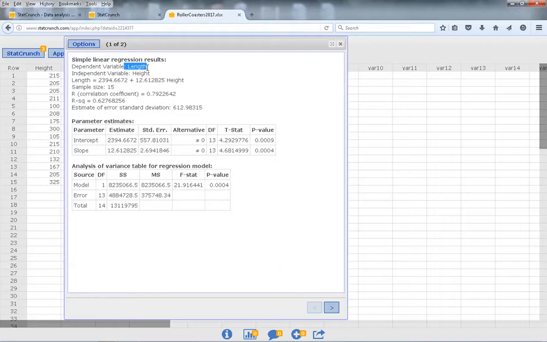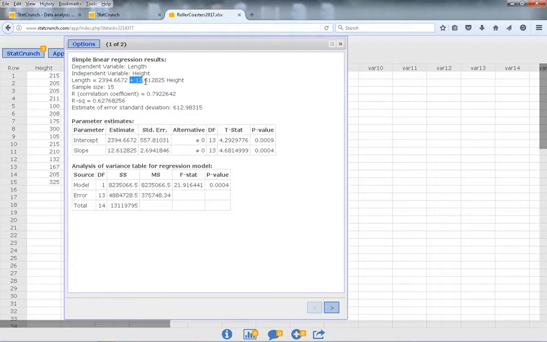That's your random variability. Not every coaster of the same height is going to have the exact same track length. Some of it is unexplained. That's that natural variation.